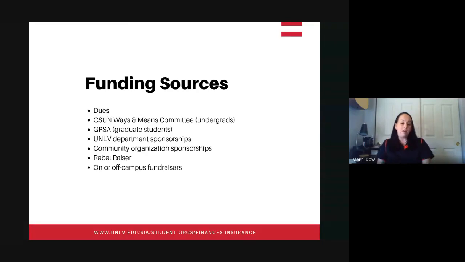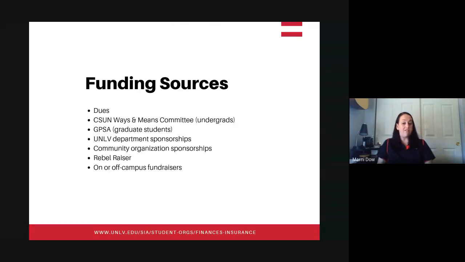A UNLV department sponsorship can look like a department purchasing things on an org's behalf. So they might get a department to cover the cost of their T-shirts or the food at an event or the marketing for an organization. Or maybe instead of things that have a financial component, it could come from volunteers to work their events, or outreach or publicity, or emails sent on that organization's behalf.